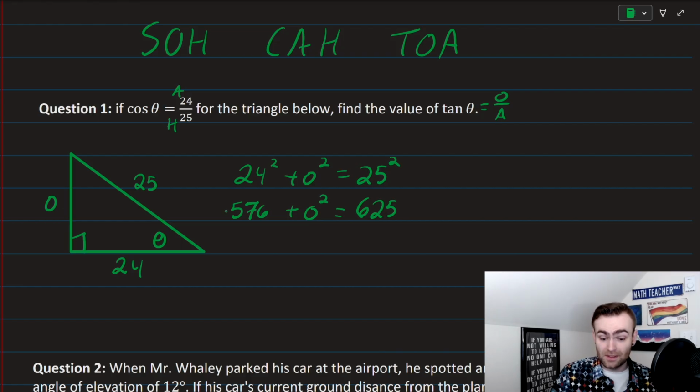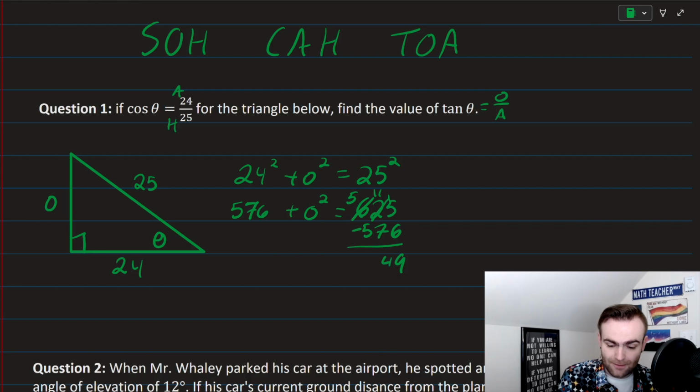Now, to get the O squared alone, we're going to subtract the 576 from both sides. And that is ugly. We're going to need to borrow. So we'll make this a 5, we'll make this an 11, and we'll make this a 15. And then 15 take away 6 would be a 9. 11 take away 7 is a 4.